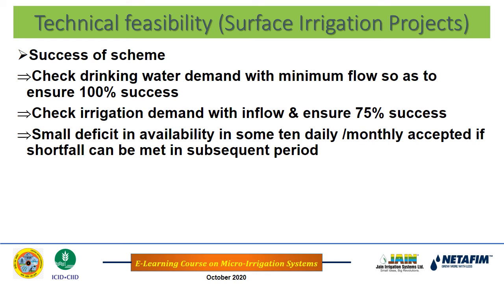And for irrigation demands, inflow should be able to ensure that 75% of the time the demands could be met out of the available inflow. However, if there is a small deficit and subsequently there is availability, that small shortfall can be ignored, and that can also be considered success to that extent.